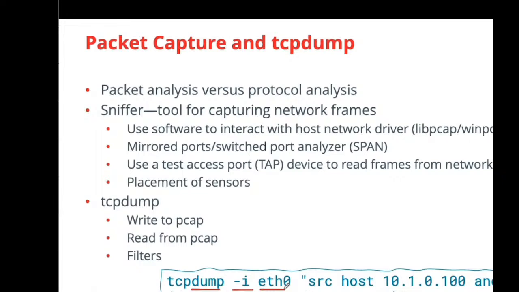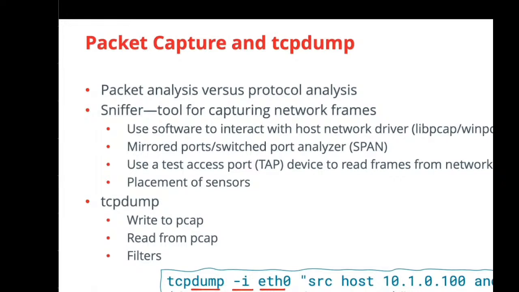If you want to store the packets in a pcap file, you can use the -w option to write to the pcap file. If you want to read from a pcap file, you can use the -r option. There are also filters you can use, like host, net, port range, and so on, such as source host, destination port.